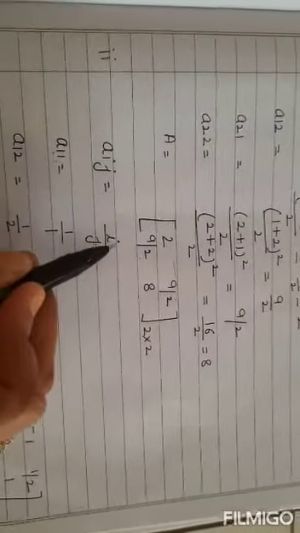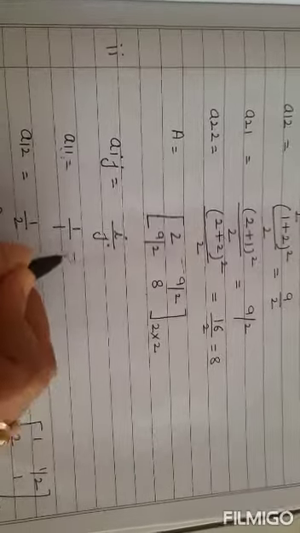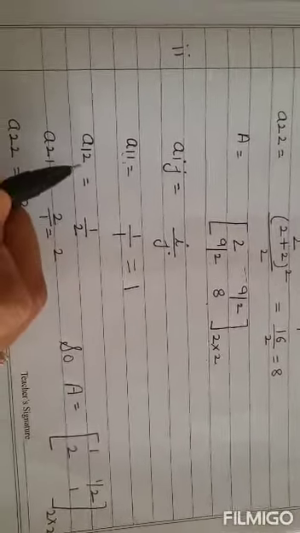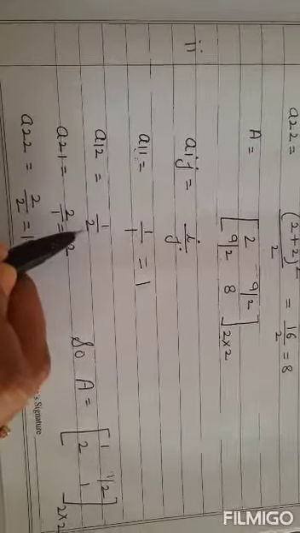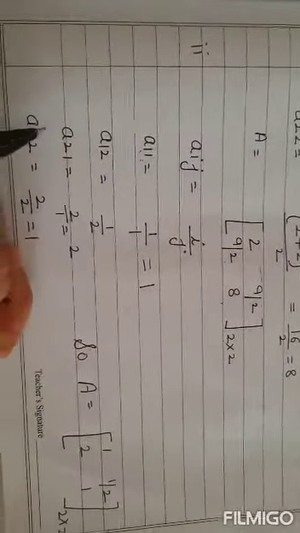Put the value here, 1 by 1, so your answer is 1. A12: i is 1, j is 2, so this is 1 by 2. Next element A21 is 2 upon 1, which is 2, and the last element A22 is 2 by 2, answer is 1. So put all the values here. You will get A equal to 1, 1 by 2, 2, 1 and the order is 2 by 2.